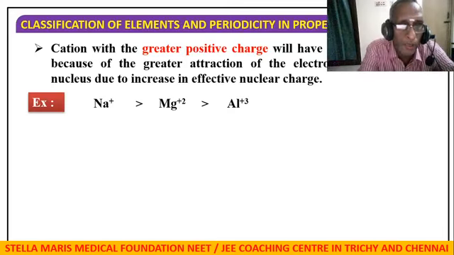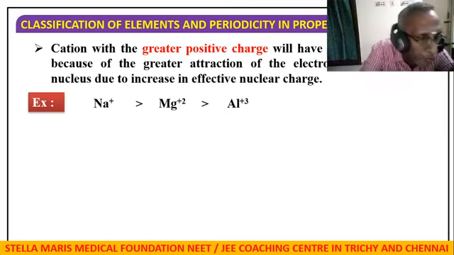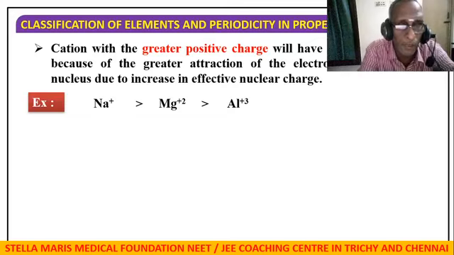So they are comparing 3 types of cations: sodium cation, magnesium bivalent cation, aluminum trivalent cation. All are cations. Sodium has lost 1 electron. Magnesium has lost 2 electrons. Aluminum has lost 3.